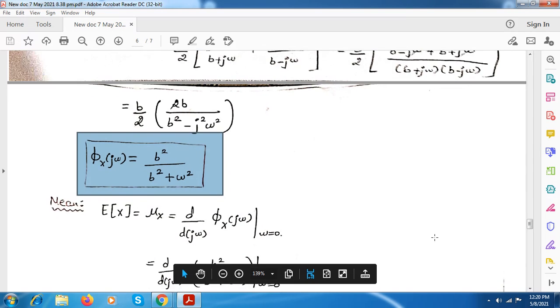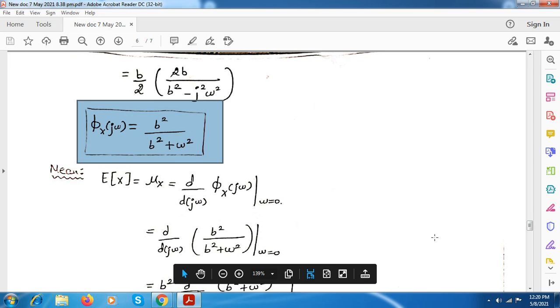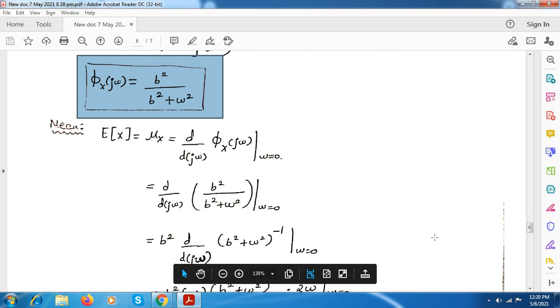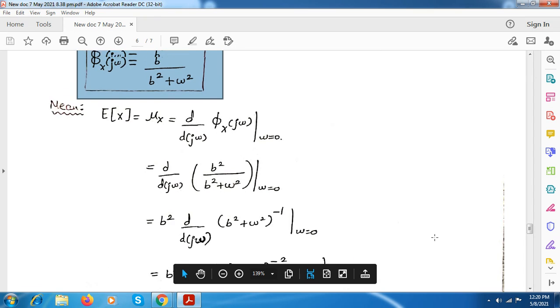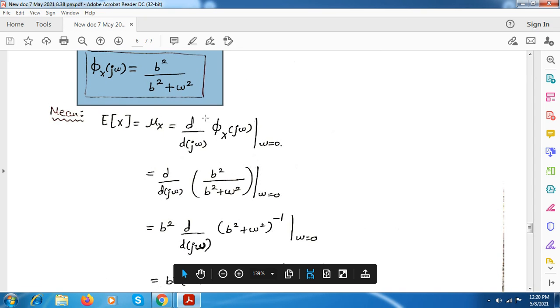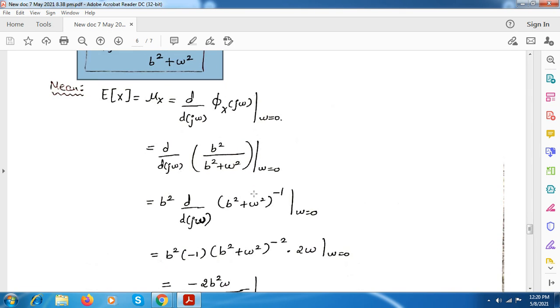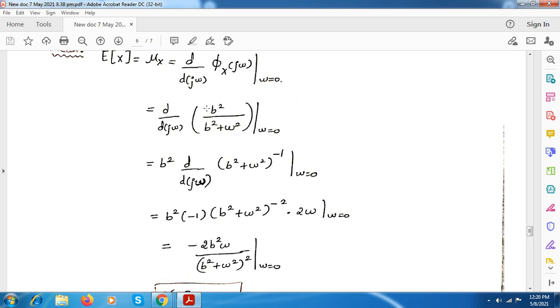Here for mean, we have to differentiate this characteristic equation and then put omega is equal to 0. So here you know the characteristic equation for Laplace, that is b square divided by b square plus omega square. For differentiating, take this common outside and take this to the numerator, that is b square plus omega square raised to minus 1.